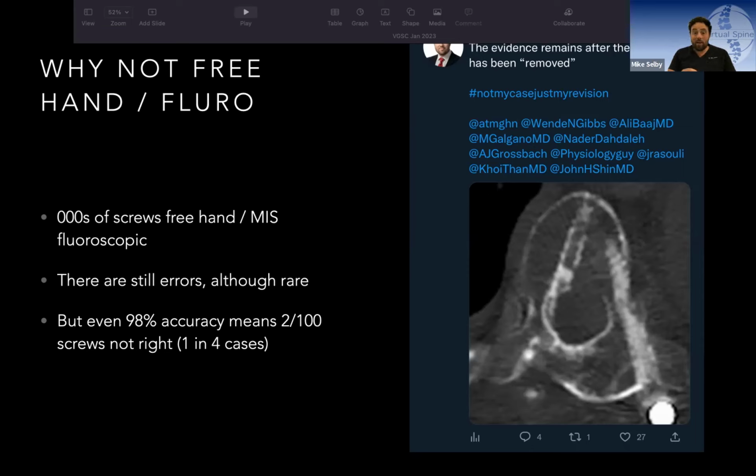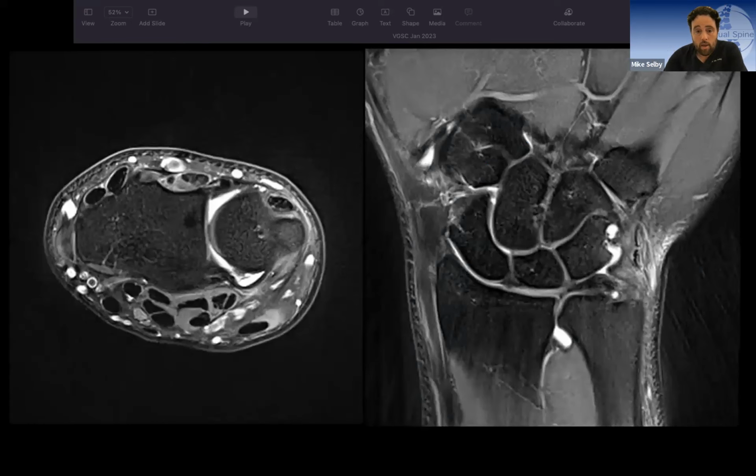It's getting harder to justify, even though you warn patients about it. So I think that's another factor, and it's not the sole factor in my decision making. And I would be very hesitant to criticize good freehand surgeons for doing what they did. I've done it for years. But this is the other big reason why I like navigation and technology.